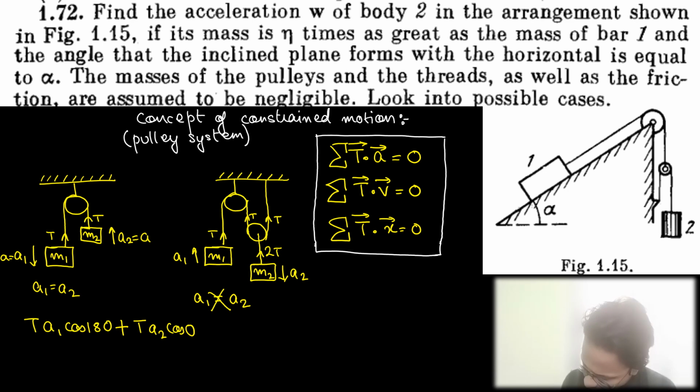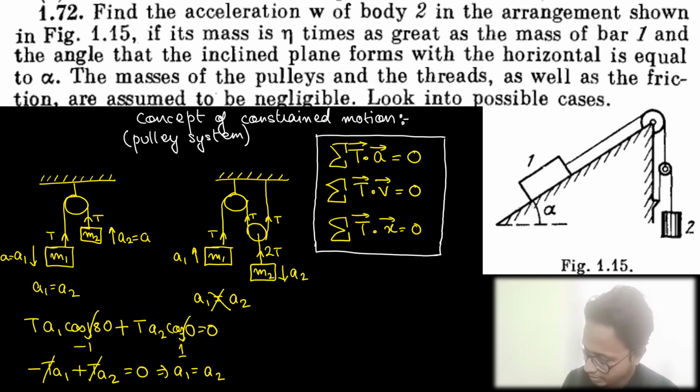Why cos 0? Because the angle between T and A2 is equal to 0. Both are in the same direction. This is equal to 0. If I solve this, cos 180 is equal to minus 1 and cos 0 is equal to 1. So minus TA1 plus TA2 is equal to 0. If I take T common and cancel it out, I get A1 is equal to A2, or the magnitude of A1 is equal to the magnitude of A2.